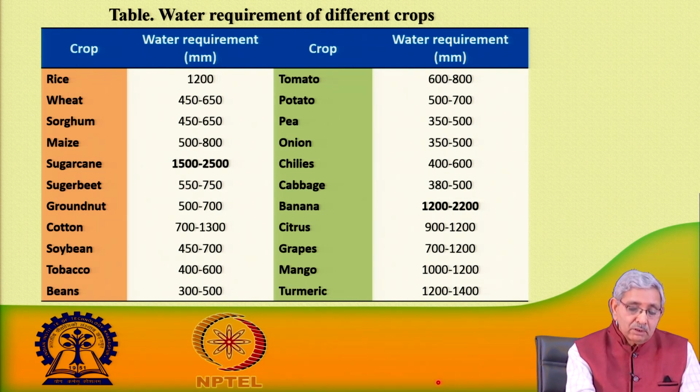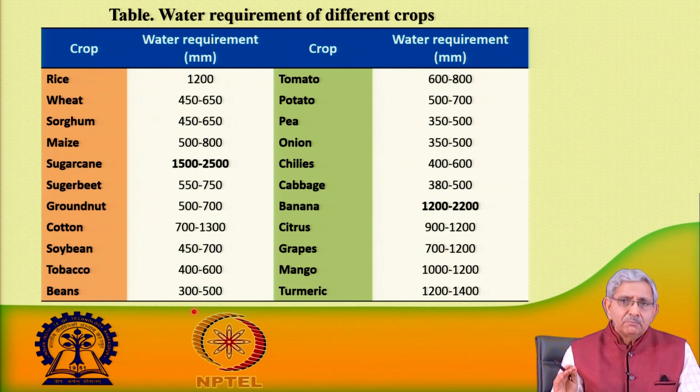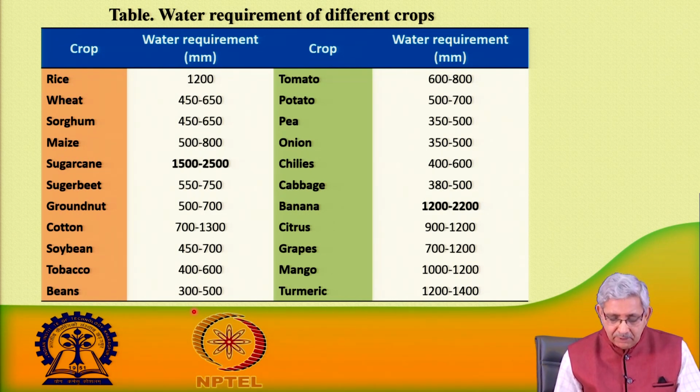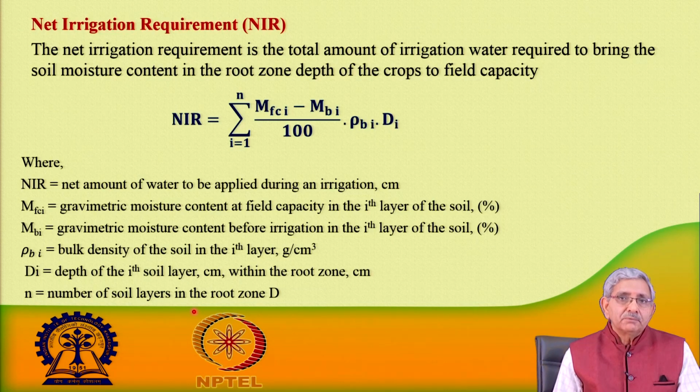So, values of crop water requirement from rice to your field cereal crops, fruit crops, vegetable crops, all these crops which are available, and these values can be used as a reference value. Of course, these values will vary depending on the soil, depending on the particular variety of the crop, depending on the climatic condition where it is being grown, but this can be used as a reference value for a design of irrigation system.